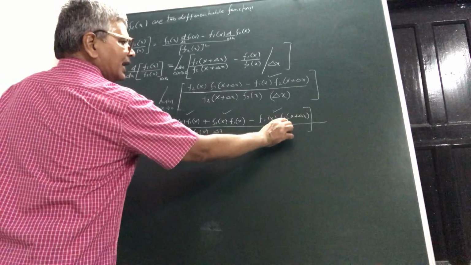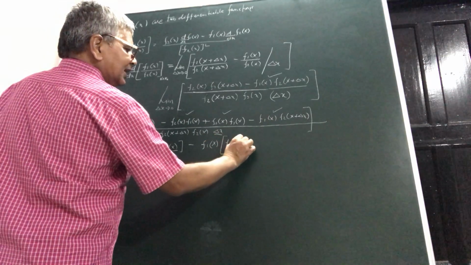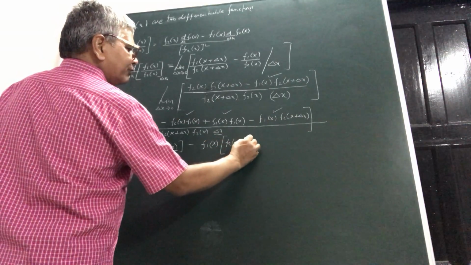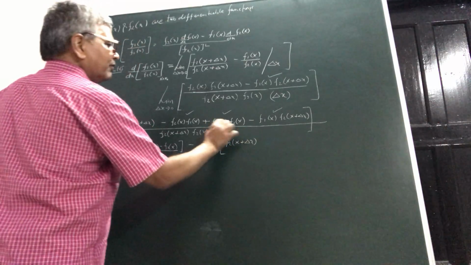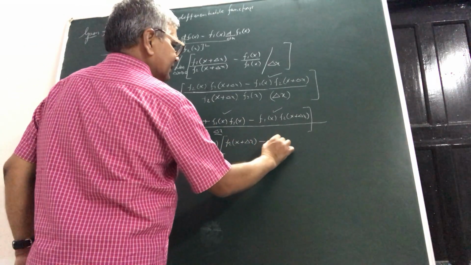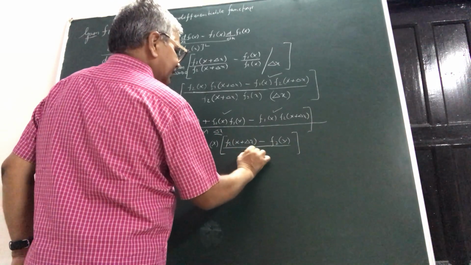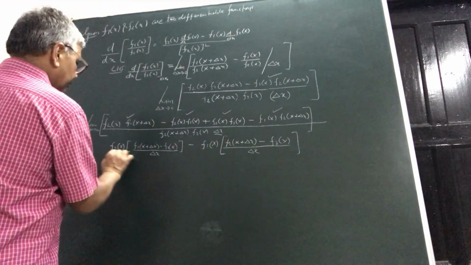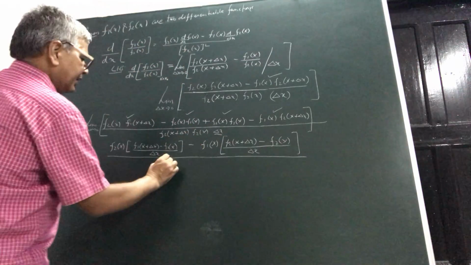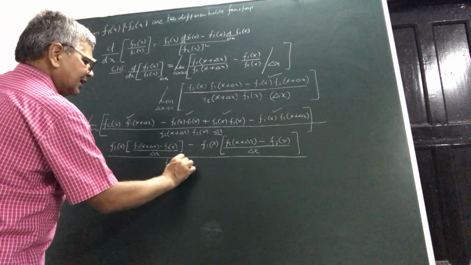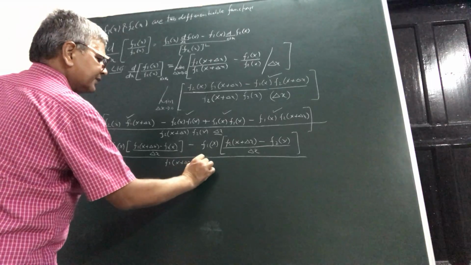So here I will get f2 x plus delta x, and from here minus f2x upon delta x I will write here, and then the whole upon f2 x plus delta x and f2x.